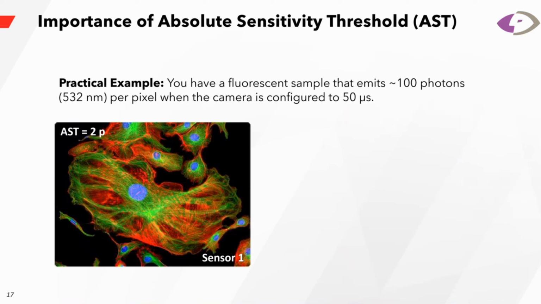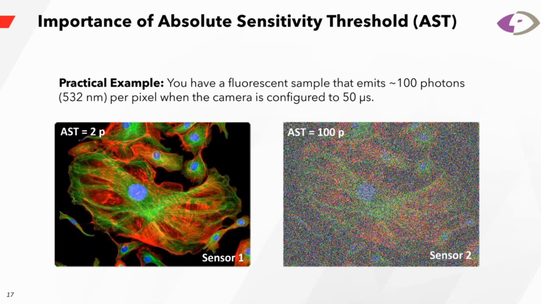Whereas if we have an AST of 100, 100 photons, then we really have the same level of signal as the read noise photons themselves. So in that case, it's very difficult to determine what is signal and what is just simply noise.